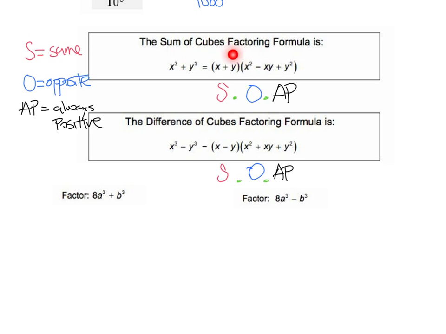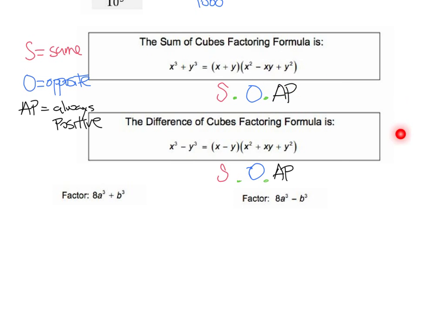So when we're factoring the sum, the very first sign will always be the same. Because it's a sum, it's always going to be positive. The next symbol is going to be opposite, so that's going to be a subtraction sign. And then AP means it's always positive, so you'll always end with a plus.